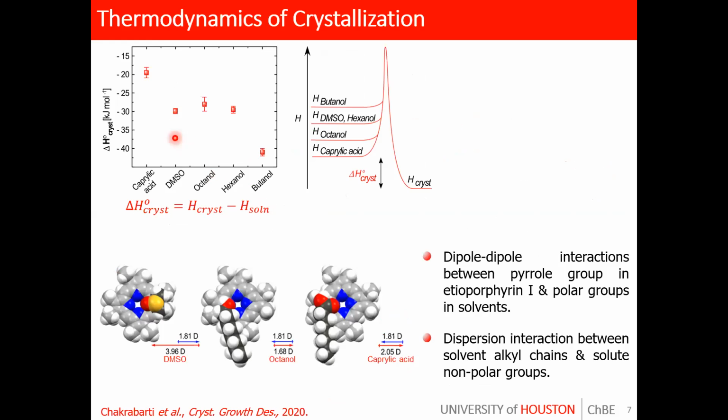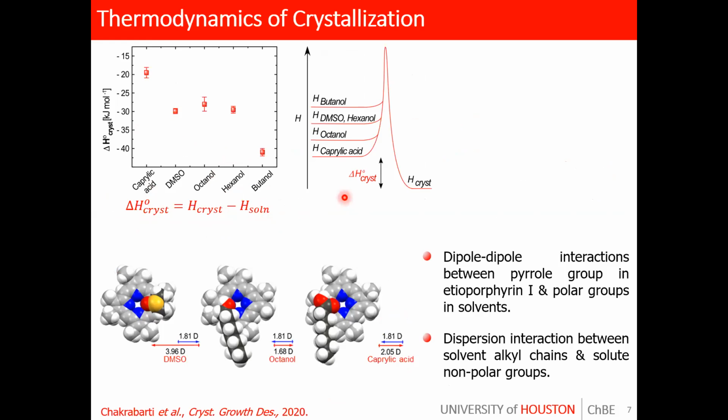These are the determined values of enthalpy of crystallization for different solvents. But one thing we know is that the crystals which are forming in different solvents are identical. So the enthalpy of crystallization solely depends on the solution enthalpy. So we get an idea of comparative solution enthalpies from this data.